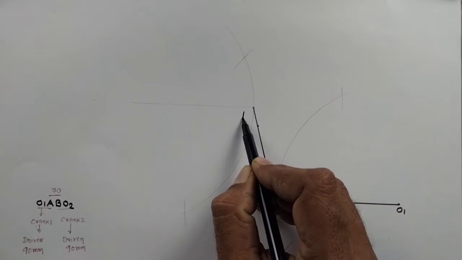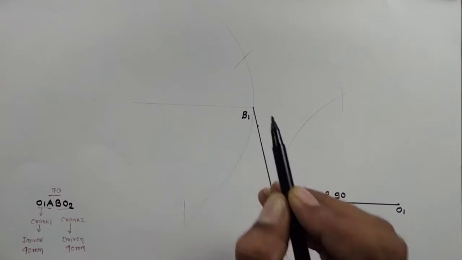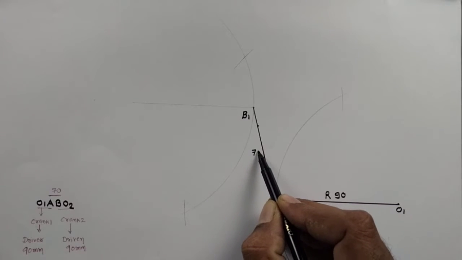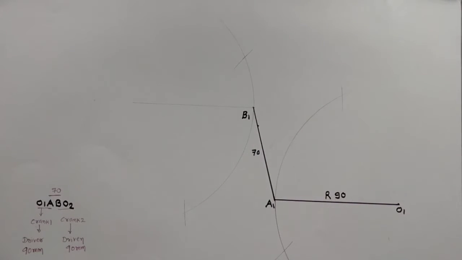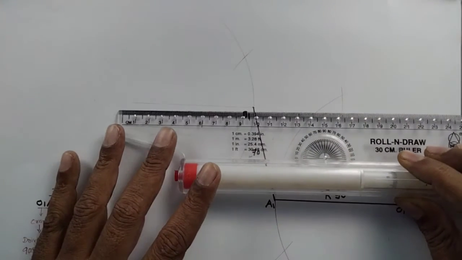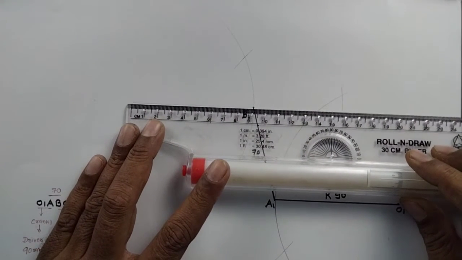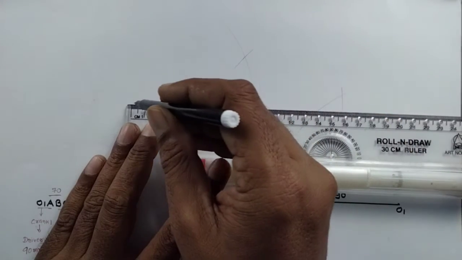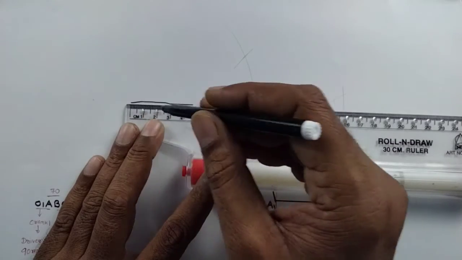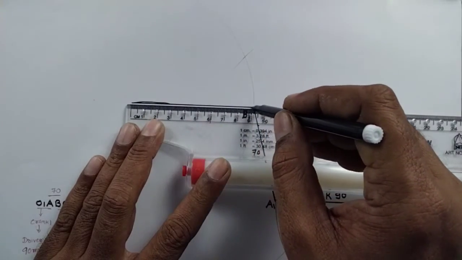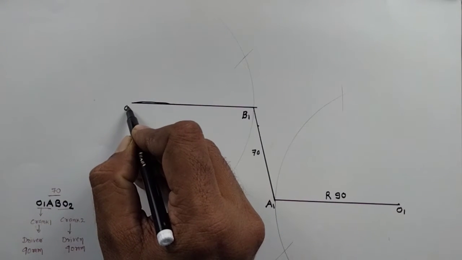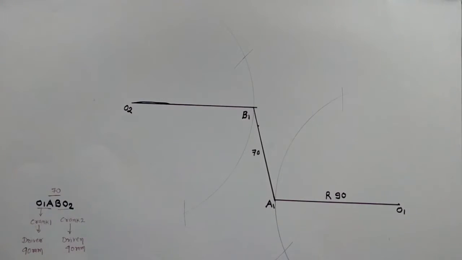And it is our first position B1, 70 mm. This is our 70 mm. Again from B1 we draw the driven crank O2B.